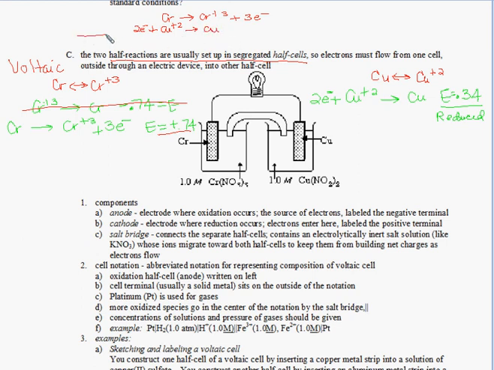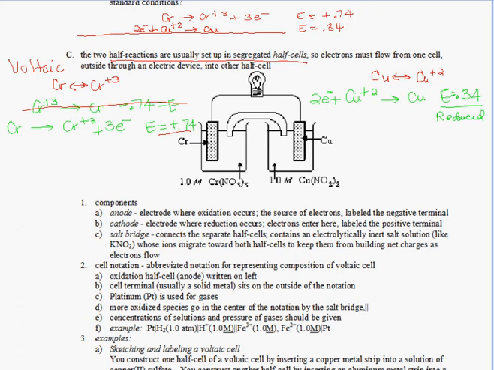So just like our work with balancing reactions, what you're going to do is look to see that all of the electrons get canceled. Since we have 3 electrons in chromium and only 2 electrons in copper, again, we want to make sure that we have the exact same amount on either side.